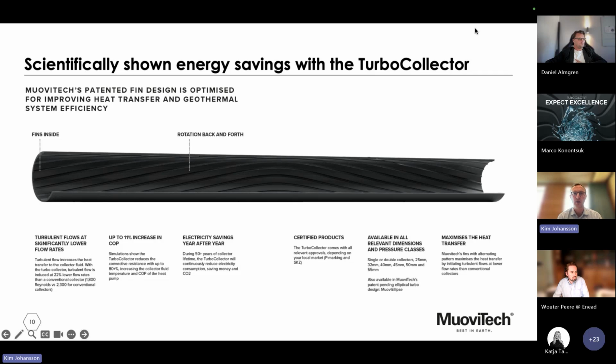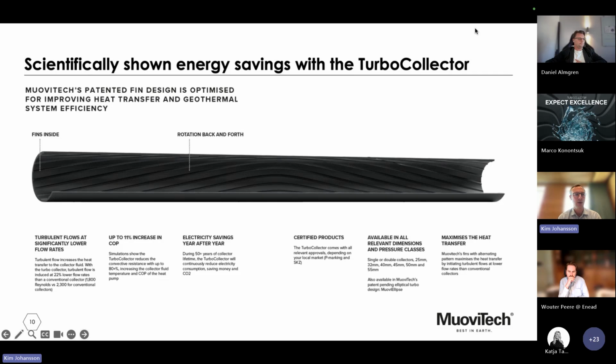And one really good thing about saving electricity using a different probe is that these are meant to last for a very long time. The lifetime expectancy of this polyethylene pipe is between 50 and 100 years.